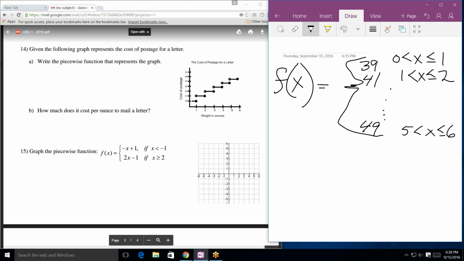Question B, how much does it cost per ounce to mail a letter? Can't answer that. 1 ounce costs 39 cents, but 2 ounces cost 41 cents. So I can't tell you how much per ounce.